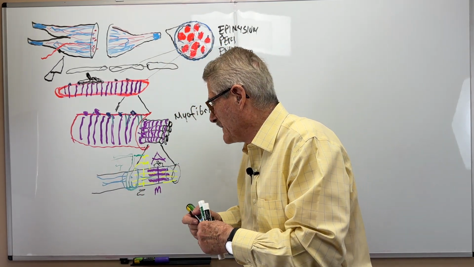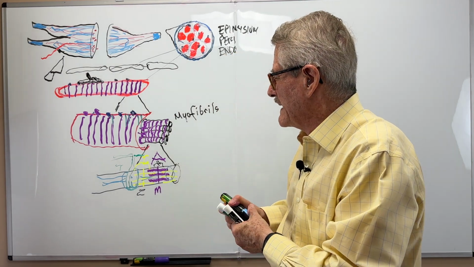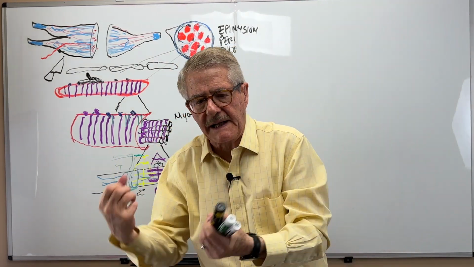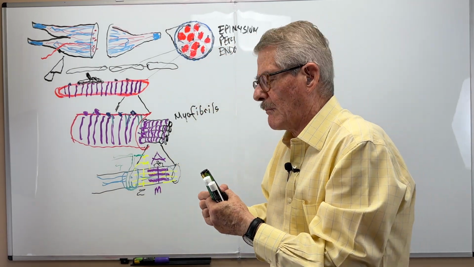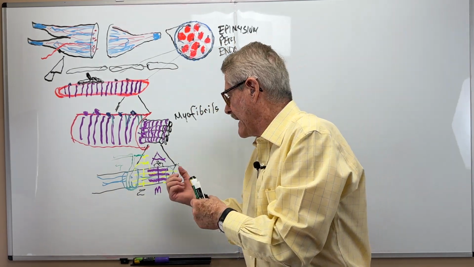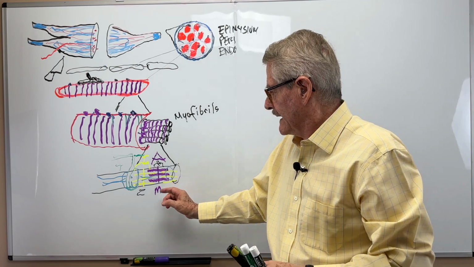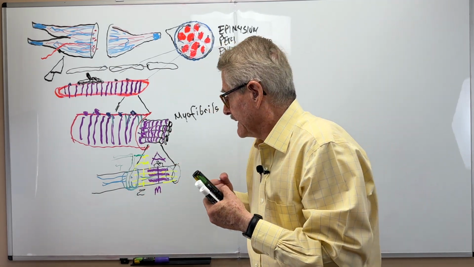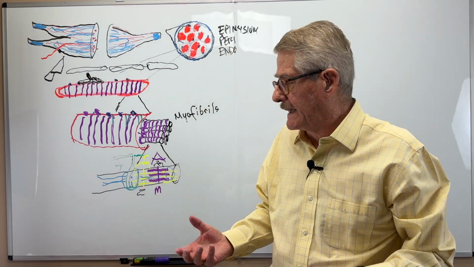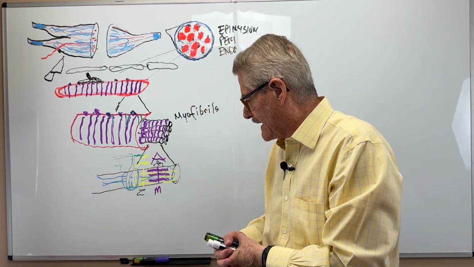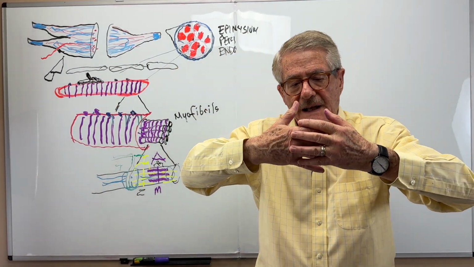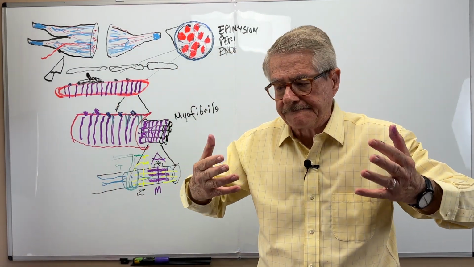In other words, if you try to simplify this, we're dealing with an invagination of the membrane forming a circle around every single myofibril at the junction of the A and the I bands, and the calcium will be released, and the contraction of the muscle will take place because the filaments get together.